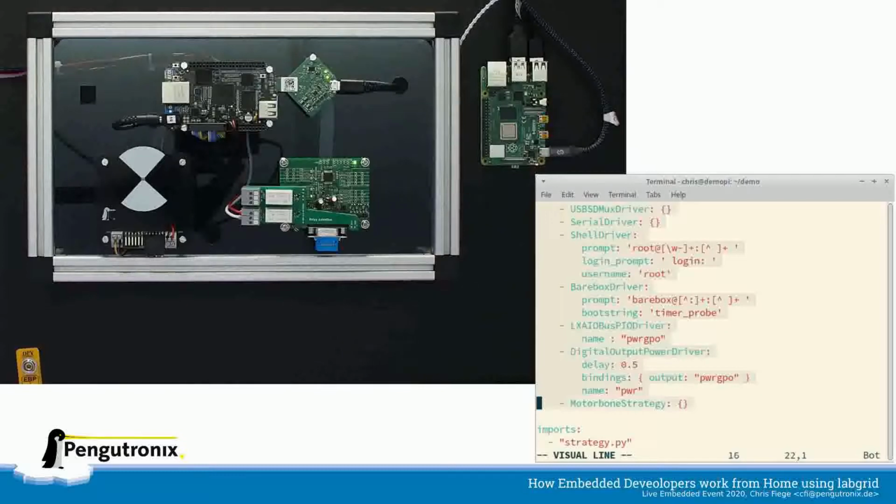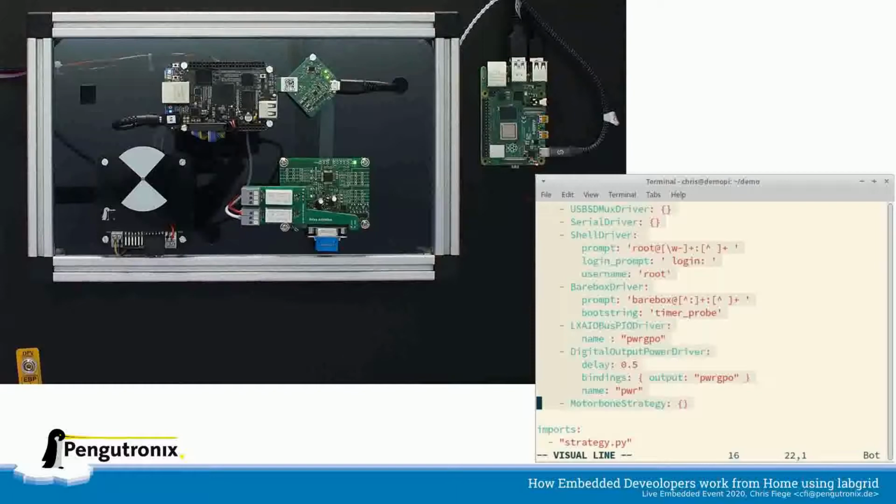A strategy is a Python file that is usually tailored for your device under test, and this Python file contains a state machine. This state machine is used to mimic the states that your device under test can have. For example, our BeagleBone Black can be in its bootloader, then this would be a state in the strategy too. And our BeagleBone Black can boot into Linux. So this is another state that we have defined in the strategy.